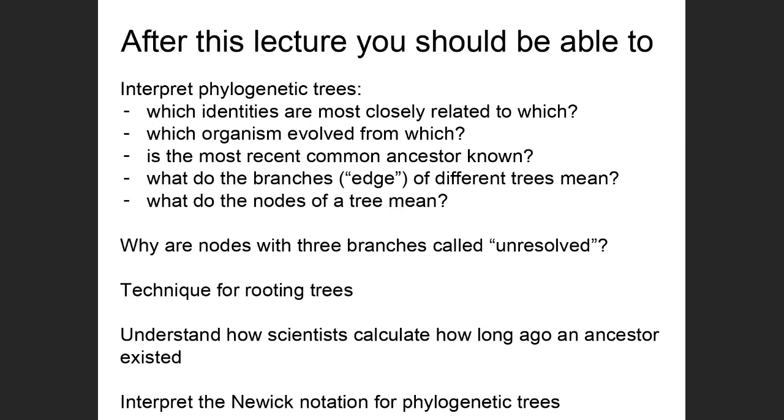So which entities are most closely related to which? Those are whichever are in the innermost nodes. You know what that means when you see a figure of it. And then which organism evolved from which, you can learn that from phylogenetic trees if that's what the tree is showing.